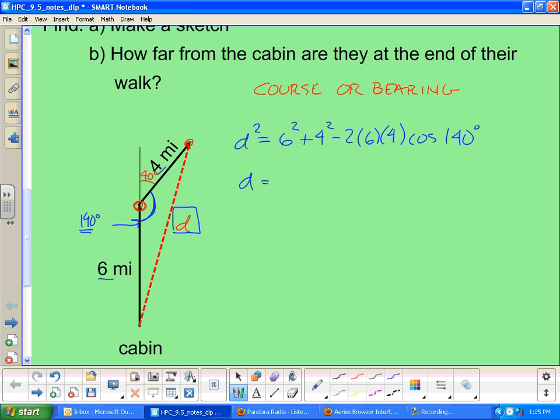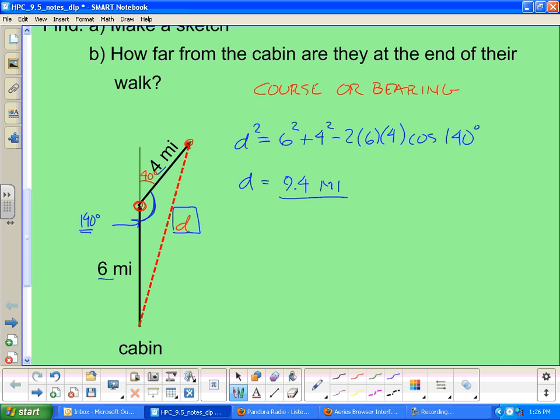So 9.4? All right, so 9.4 miles. There's the distance from the cabin to where they ended up as the crow flies.